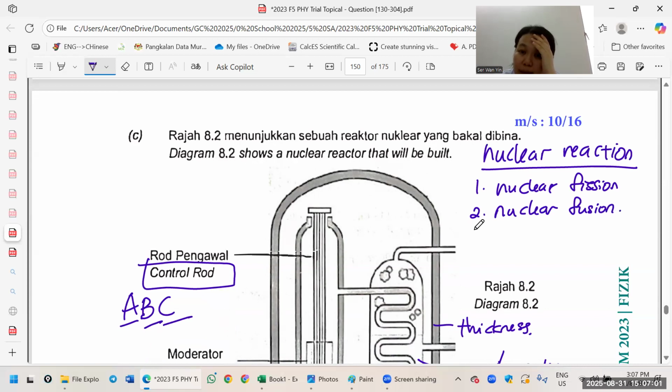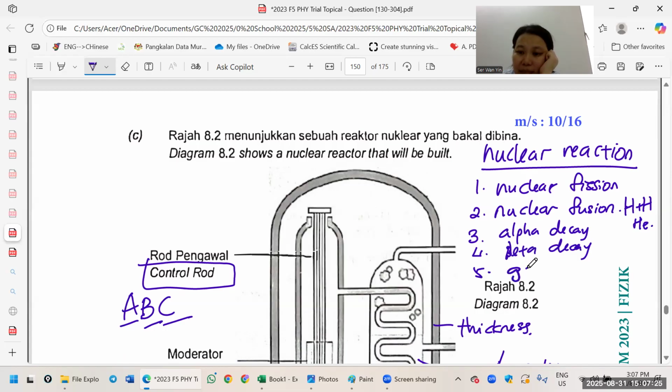Fusion means two become one. Normally it is hydrogen, deuterium, and tritium. Hydrogen plus hydrogen become helium. Okay, number three is alpha decay. Number four, beta decay. Number five, gamma decay.